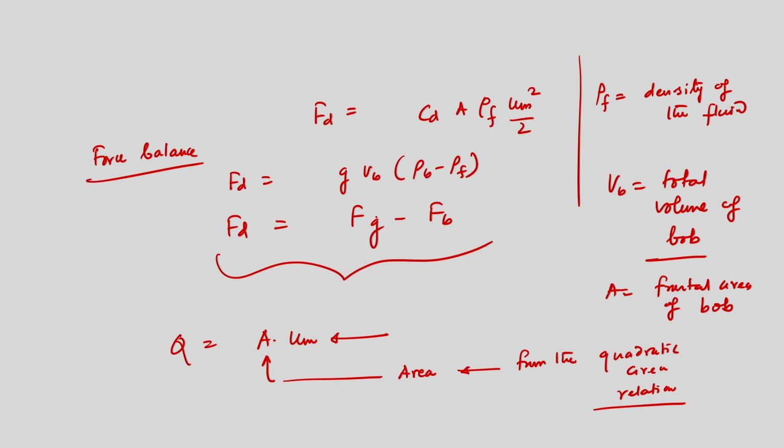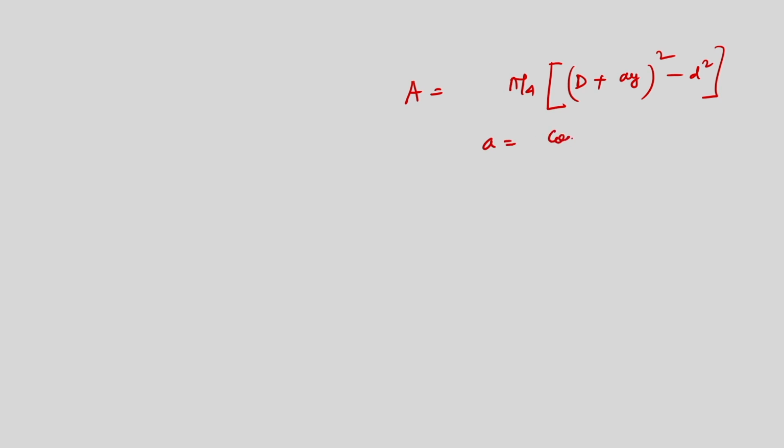So, the area is obtained from the quadratic area relation, and this A is pi by 4 times (d plus aY) squared minus small d squared, where a is a constant which depends upon the tube taper angle.